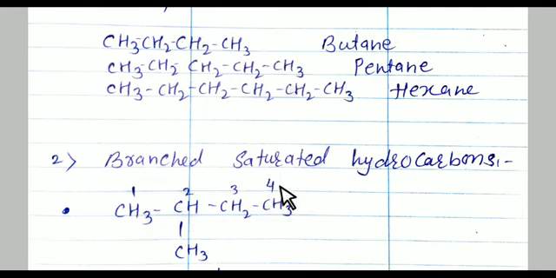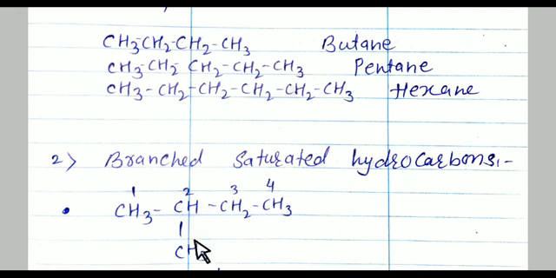Now for the numbering you have to see the branch. Whenever the branch is near, you have to number from that side. For example, if I number it from here, 1, 2, 3, the branch is on the third carbon. If I number from the left side, 1 and 2, the branch is on the second carbon. So first number the longest chain of carbon, and for numbering you have to observe where the branch is nearer.